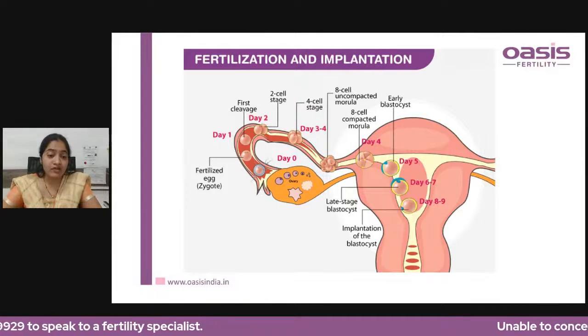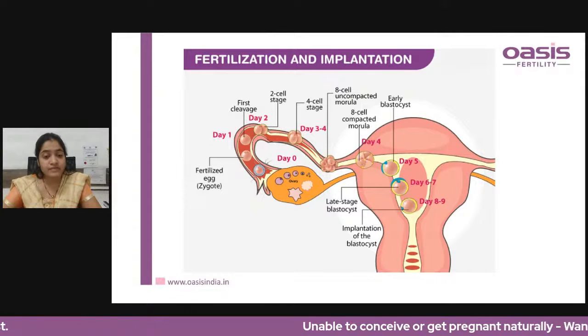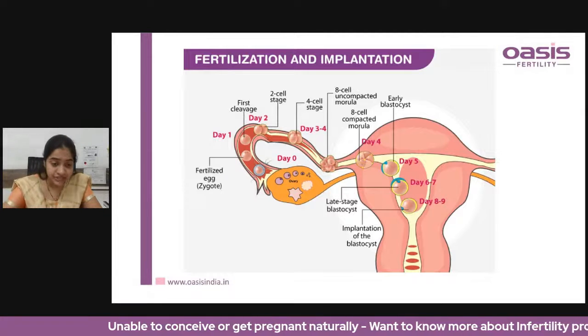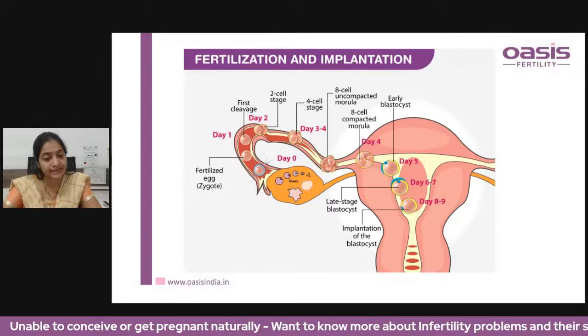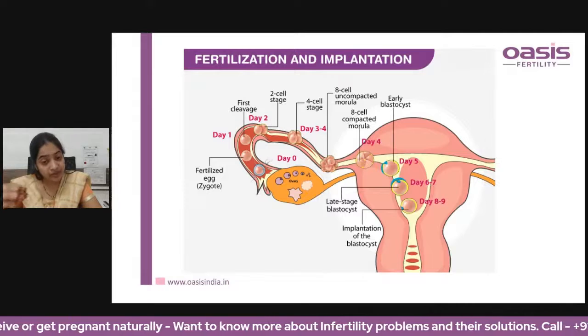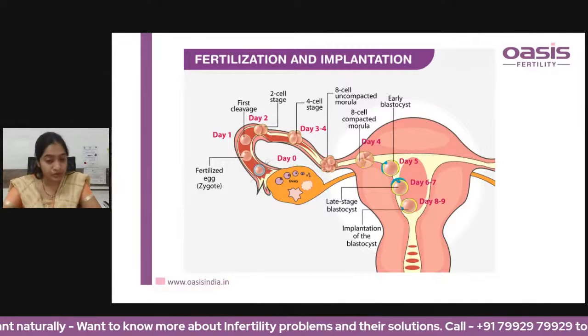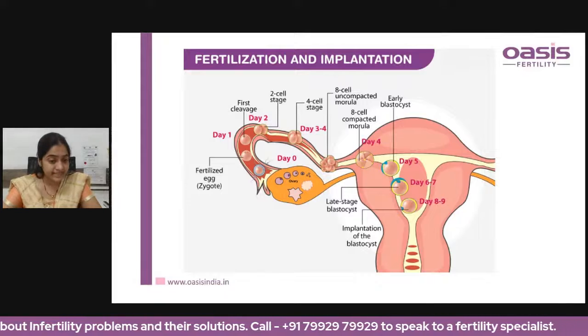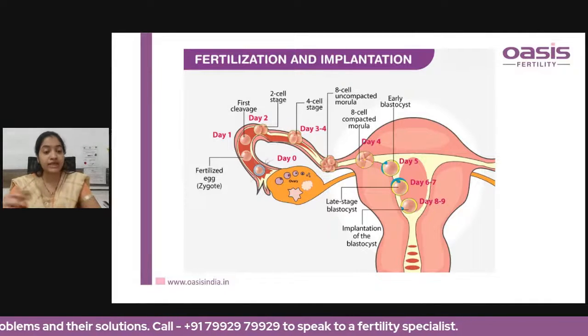Now this is how fertilization takes place. As I said, ovulation occurs, then fertilization takes place in the fallopian tube itself. Then the embryo travels from the fallopian tube to the uterine cavity, and on day 5 or day 6 the implantation takes place. What is implantation?